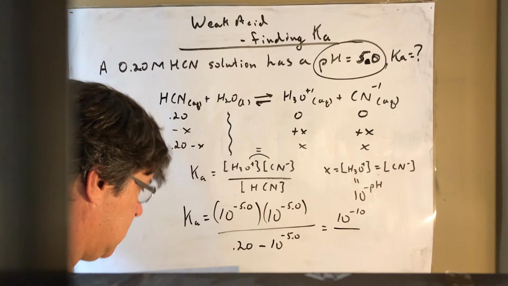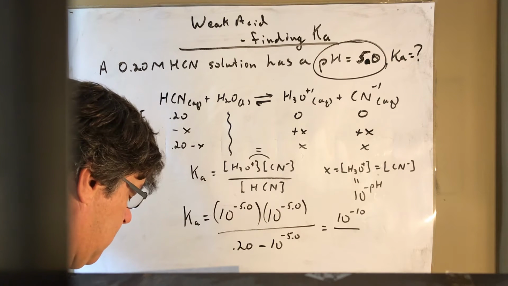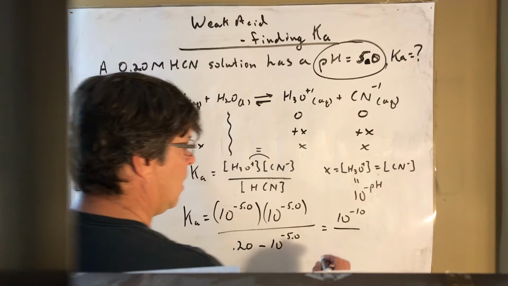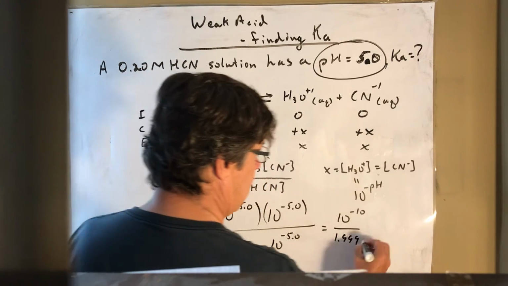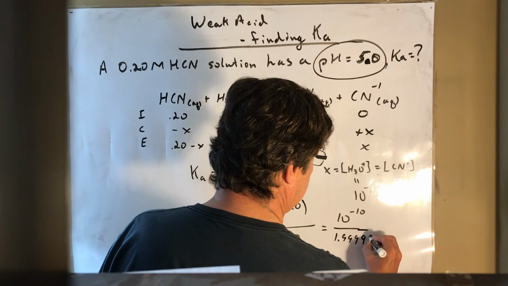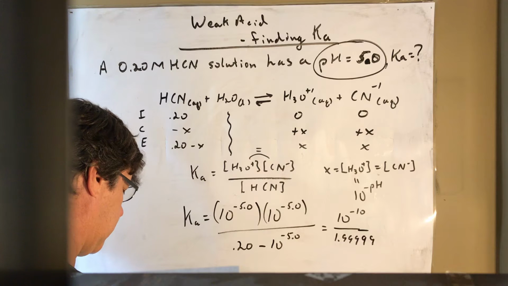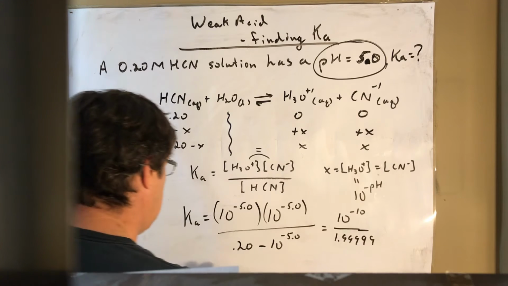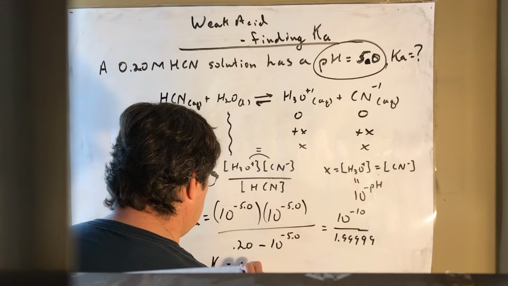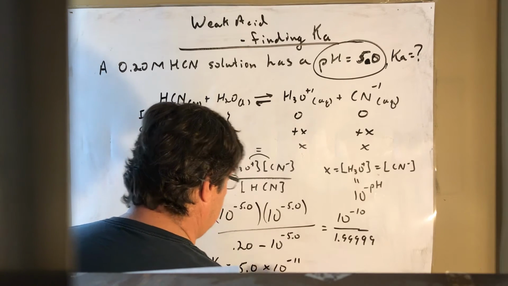So it's 0.2 minus this is 1.99999. So let's divide those, okay? So Ka is equal to 5.0 times 10 to the negative 11th.